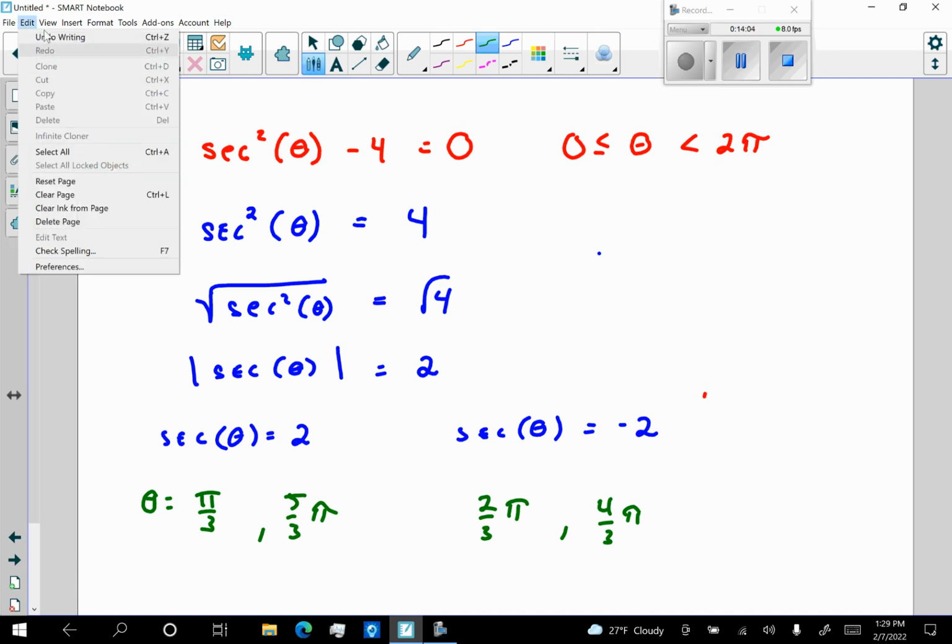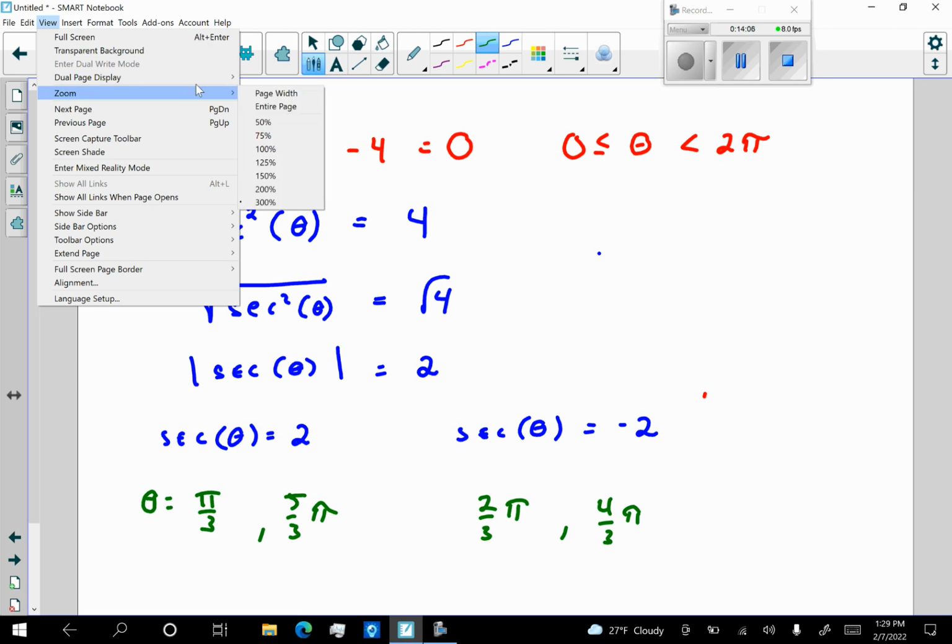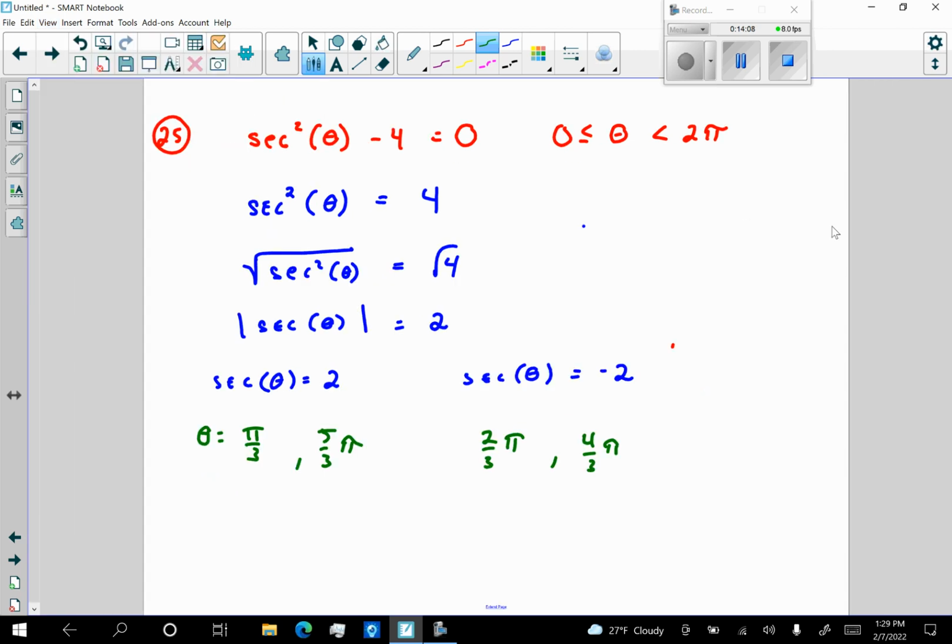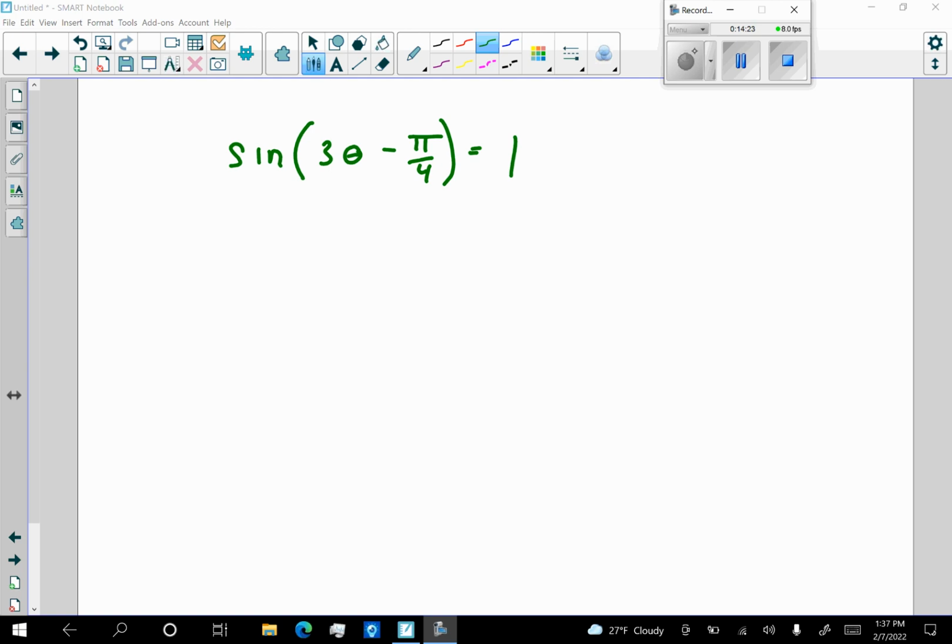I'm going to zoom out here and let you look at the entire page. And this is a simple substitution problem here. We're going to let a equal 3 theta minus pi over 4, which gives us the sine of a equal to 1.